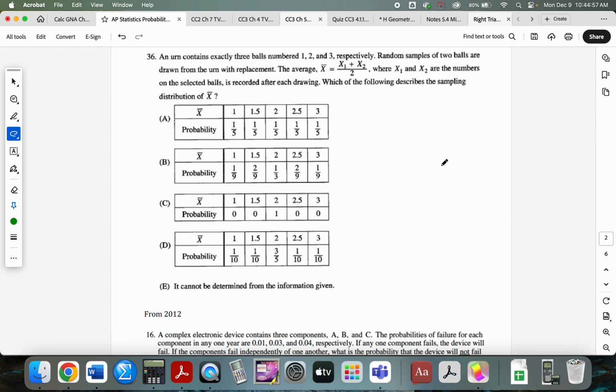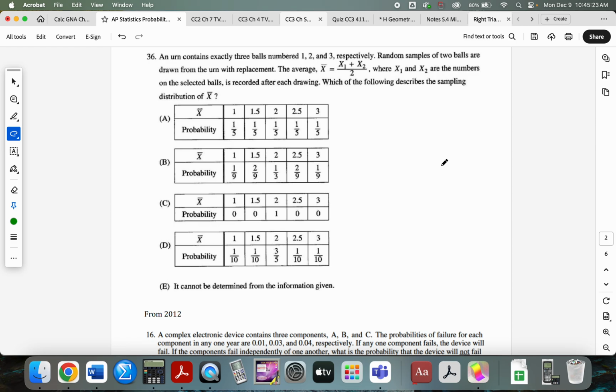Okay. So if you've got 1, 2, and 3 respectively, how many ways are there to get an average of 1? This should take less than 2 seconds for you to answer. Pardon? One combination.